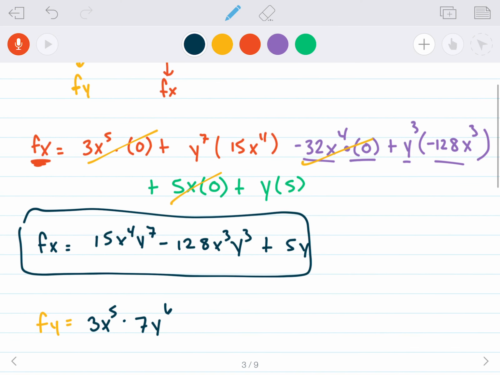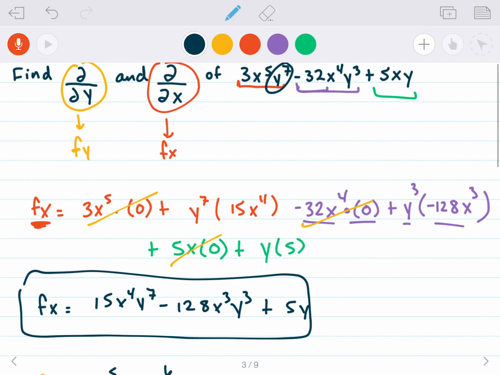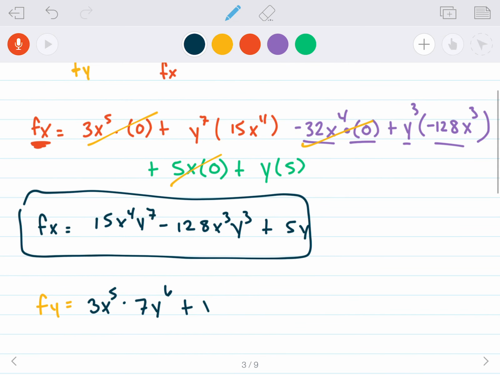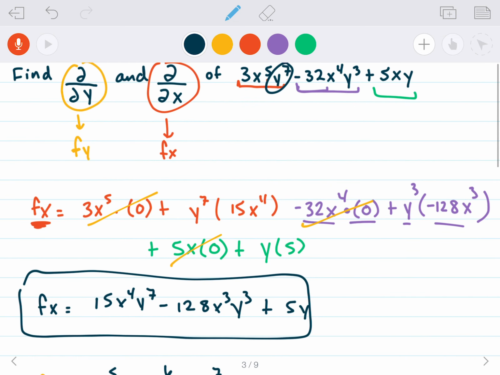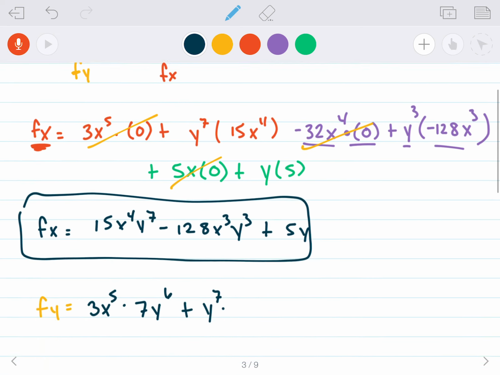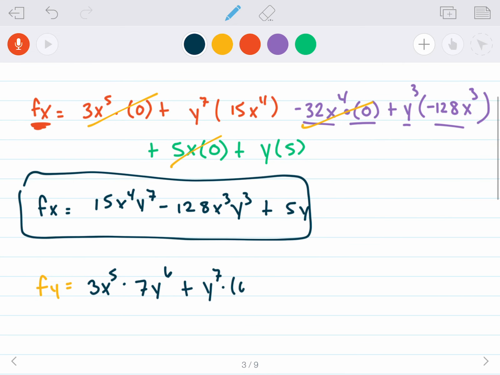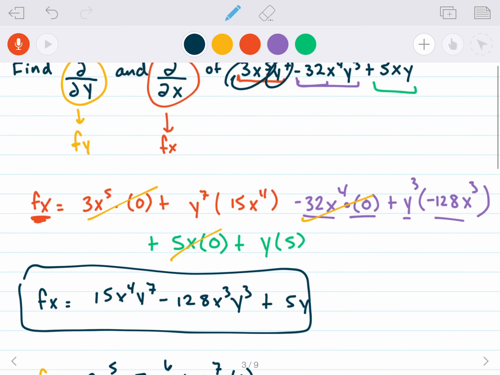Alright, so keep the first times the derivative of the second, plus, now you keep the second, y to the 7th, times the derivative of the first, which is 0, right? Derivative of 3x to the 5th is 0 because anything with an x in it, we're treating like it's a constant, okay? Alright, now let's do the second term in purple.